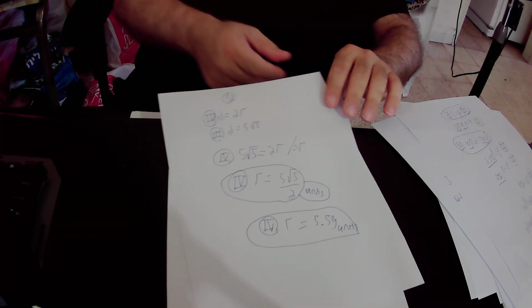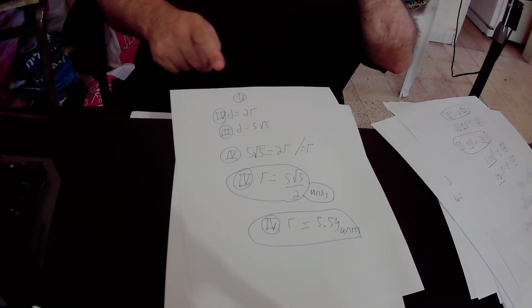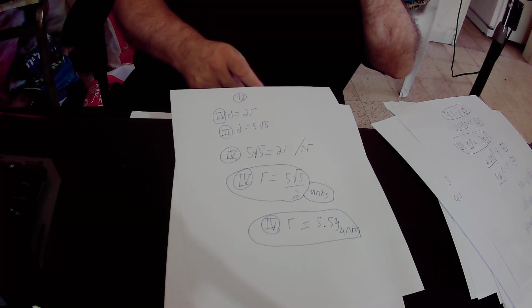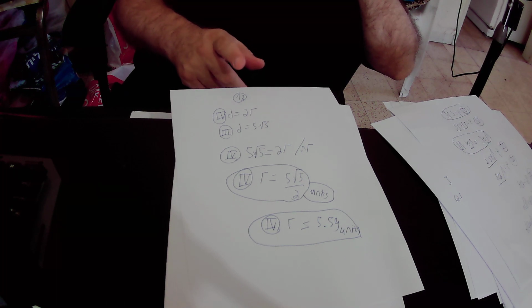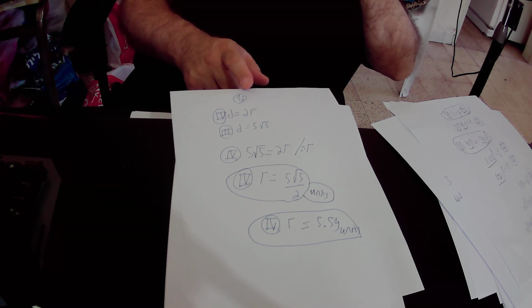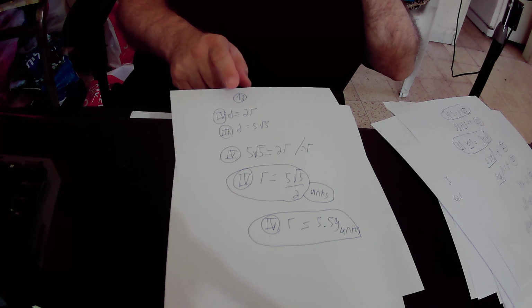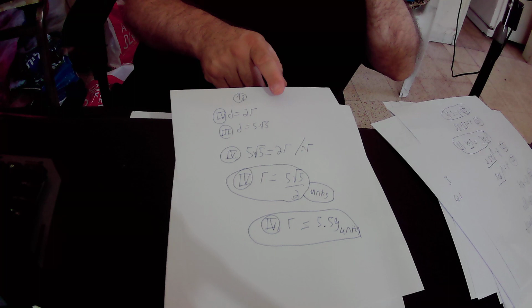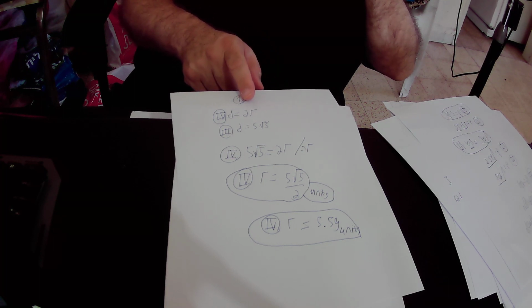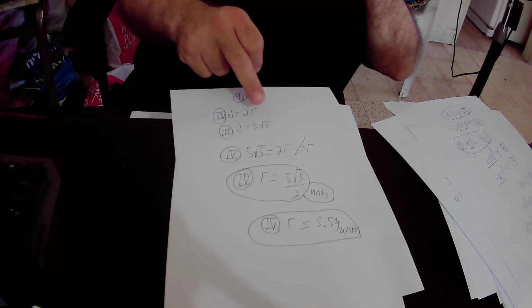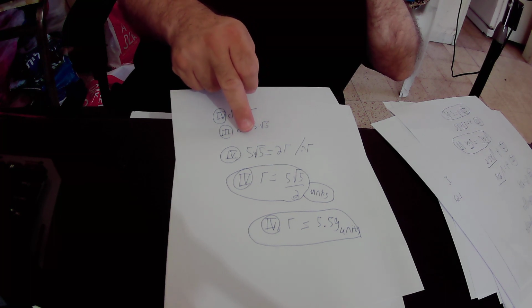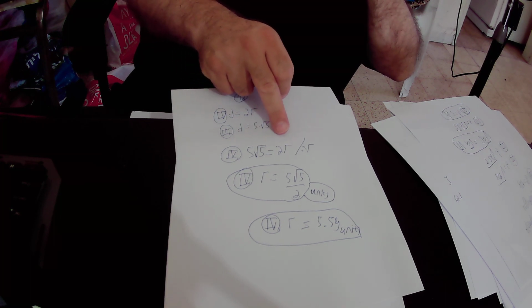So we know that D equals 5 times root 5, but we also know that in any circle in the world, the diameter equals 2 times the radius. So in the fourth equation, we can substitute D by 5 times root 5. So 5 times root 5 equals 2 times the radius.